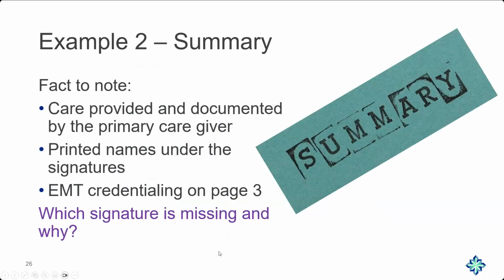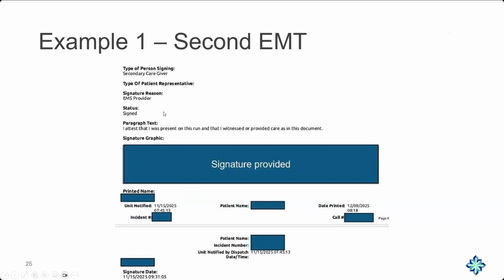So when we talk about the summary, what are we looking at? Well, remember I said nowhere within the medical record did it show us that this second EMT was involved at all. So what does that mean? Do I need this signature? Nope. Is it wrong that you provided it? No, it's great.